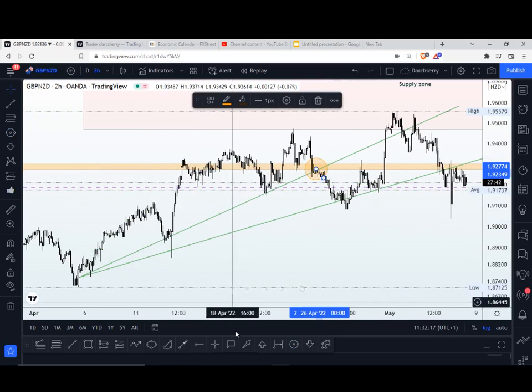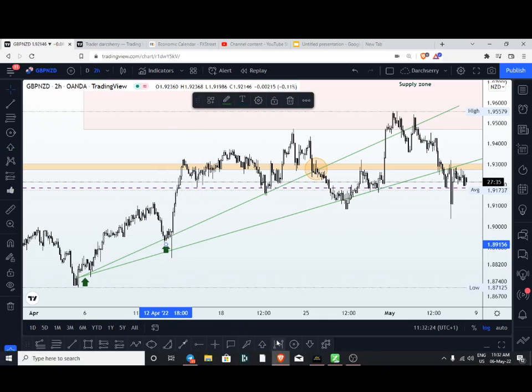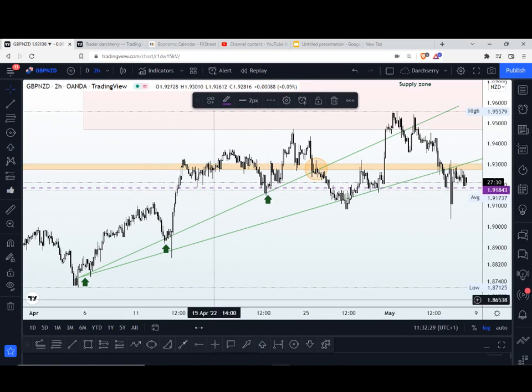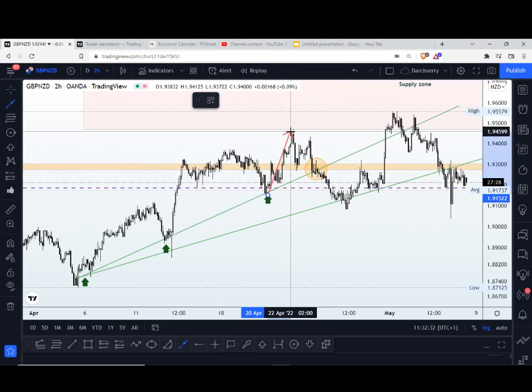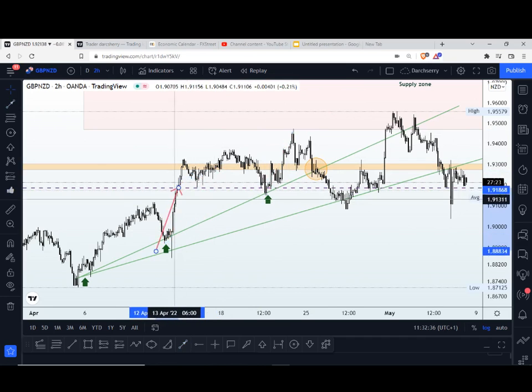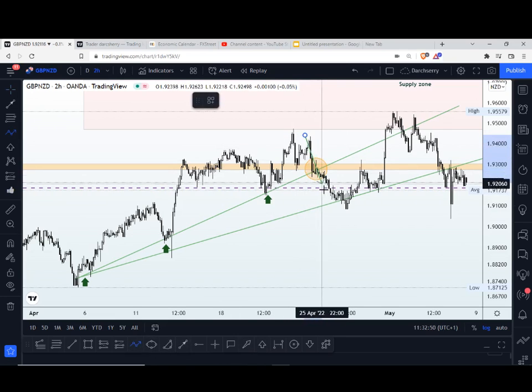You can see we had trend continuation here, trend continuation here, trend continuation here, but the expansion was not that strong compared to what we had here and what we had here. So it gives us a clue that the buyers are actually losing momentum, as we can see the breakdown of structure of that trend line here to meet up with this new trend line down below.